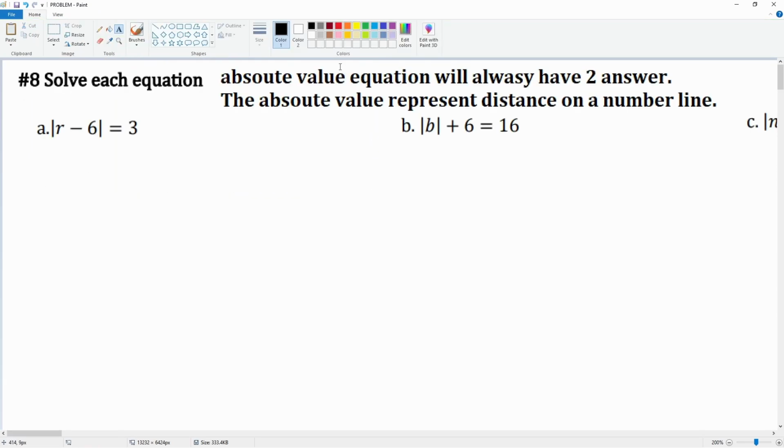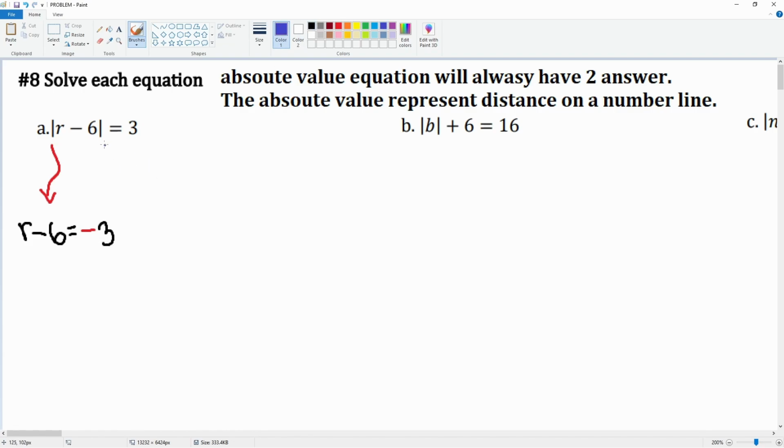So let's do A. Notice that the absolute value is by itself, so now we are going to split it. The negative part is r minus 6 is equal to negative 3.